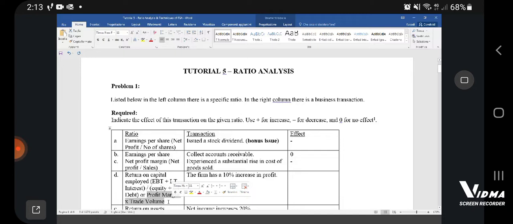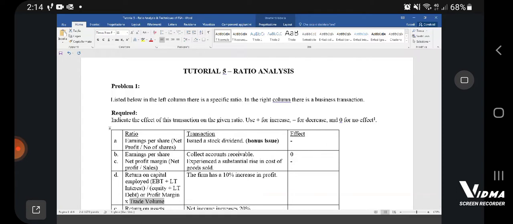The net profit margin is increased, but what about the trade volume? The increase in profit may come because we are selling more, selling at higher prices, or have a decrease in costs. We don't know what is causing that.